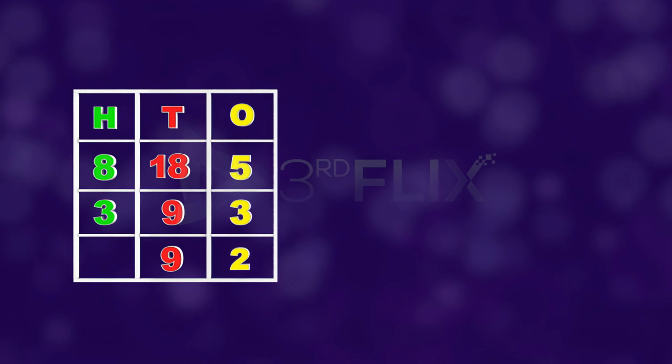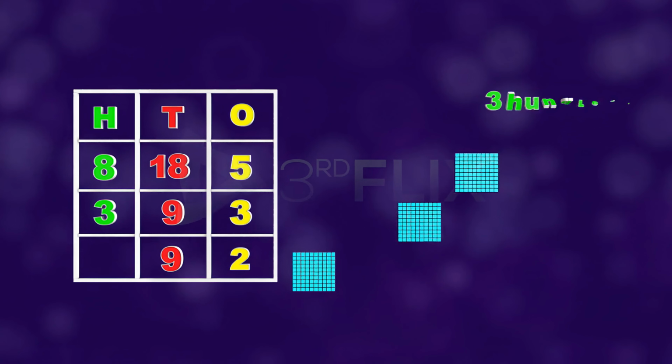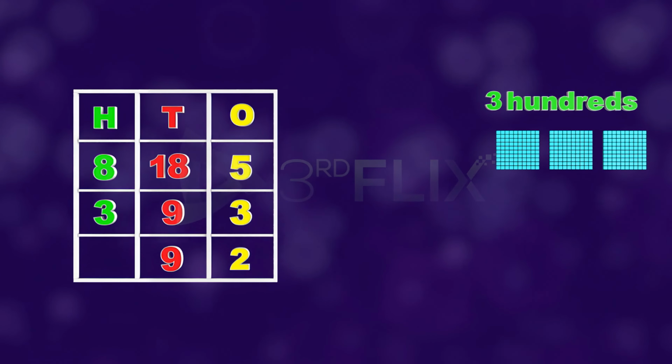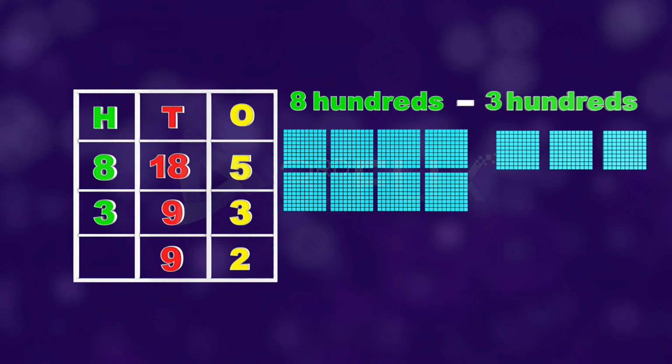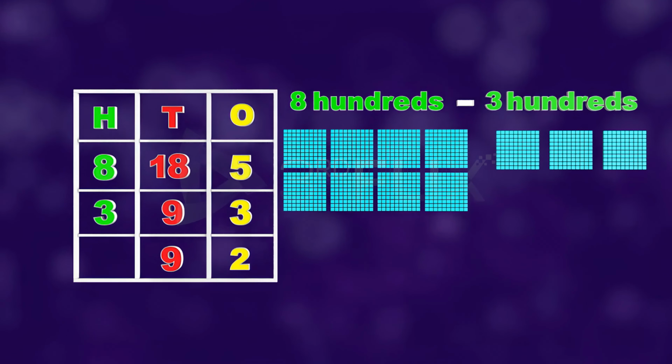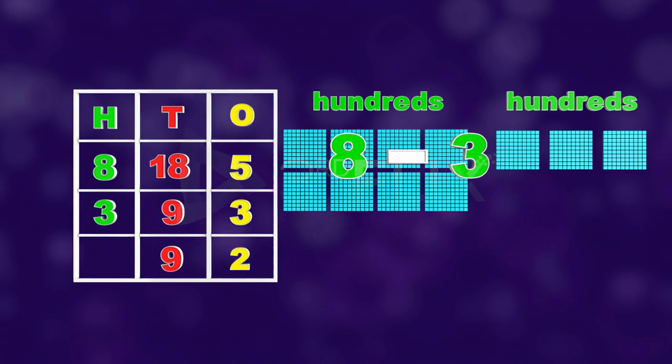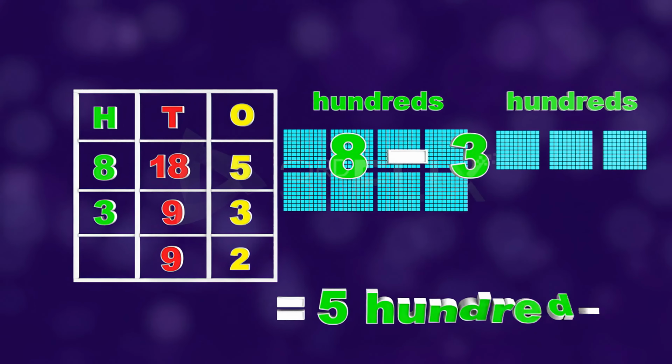Subtract the hundreds. We subtract 3 hundreds from 8 hundreds. 8 minus 3 is equal to 5 hundreds.